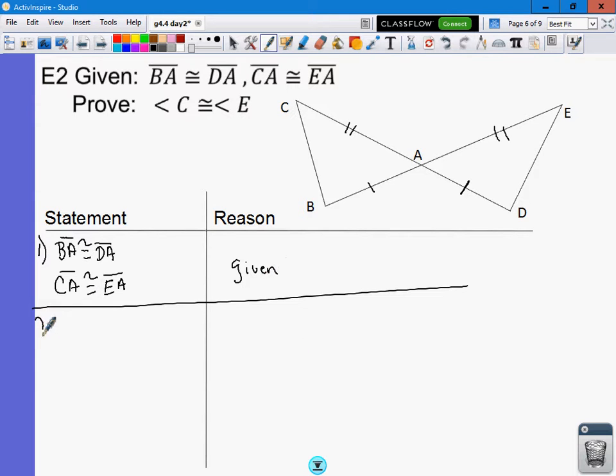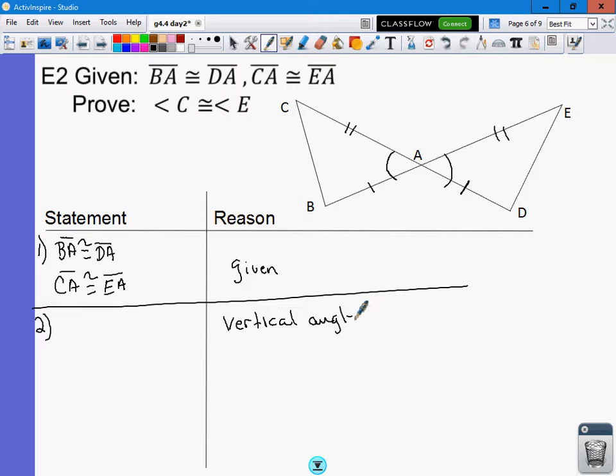Is there enough information to show that the two triangles are congruent at this point? Not quite. I only have what? Two sides. What additional thing could I state? Adika? I could state the vertical angles. That's going to be the reason. Be careful when you're naming them.